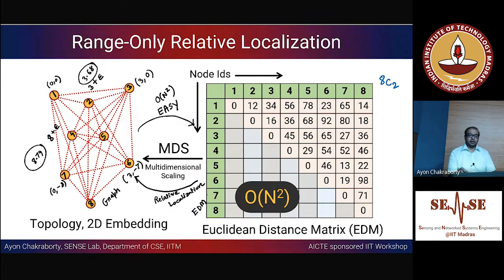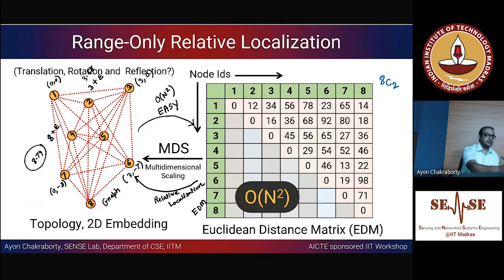Okay, so the only problem here though could be with rotation or translation kind of a thing, right? I thought some of you would ask this. So although the topology is fixed, this topology can also be satisfied if this entire picture is reflected in a mirror.